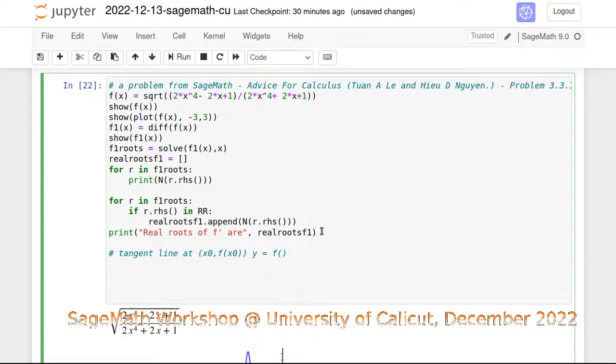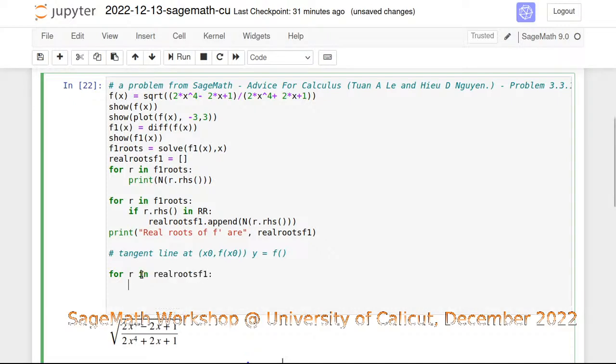So, at which points do we want the tangent line? At the points where the real roots are occurring. So, the real roots are x, and correspondingly we have y. We will draw the tangent lines for r in real roots.